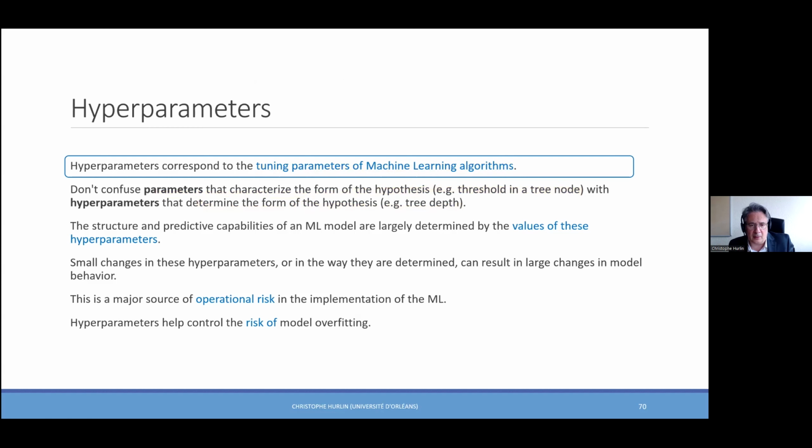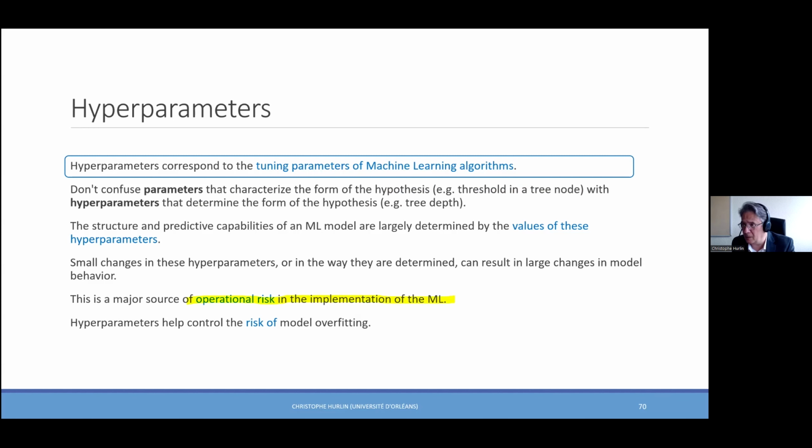In general, the hyperparameters control the complexity of the model, and as the complexity of the model determines the potential for overfitting, this is a major source of operational risk in the implementation of machine learning.